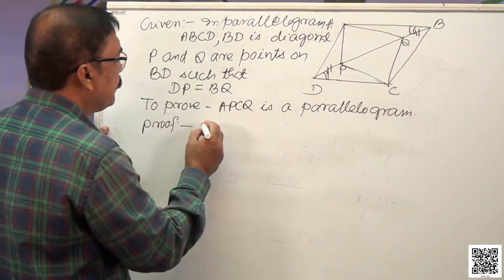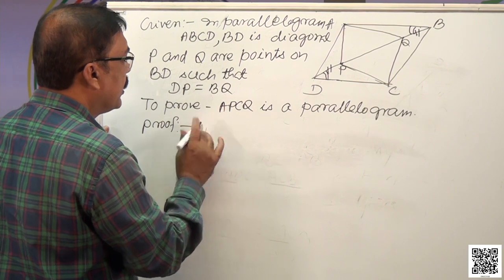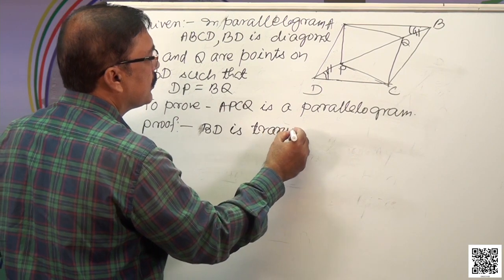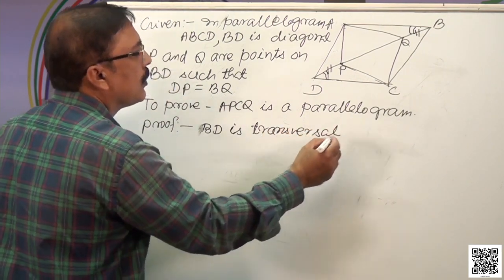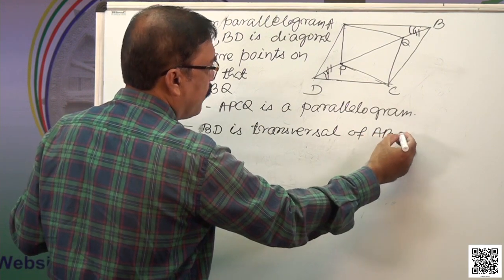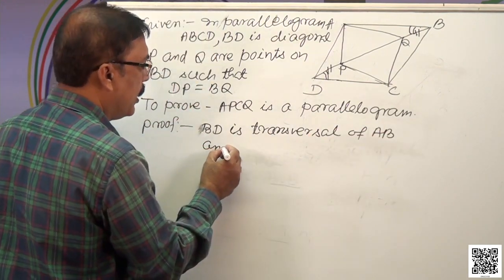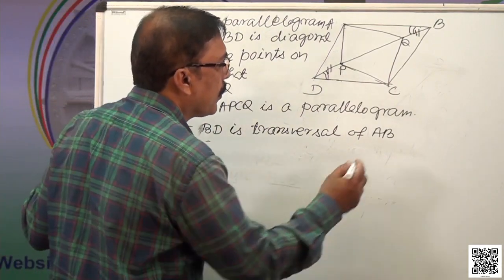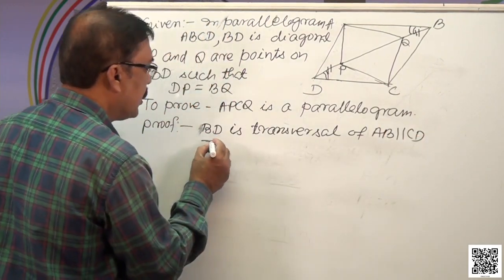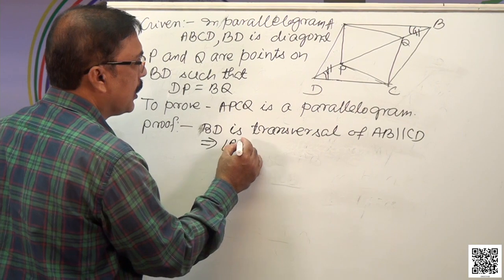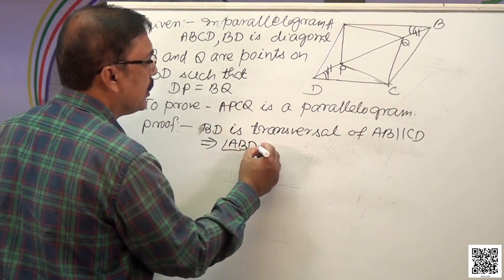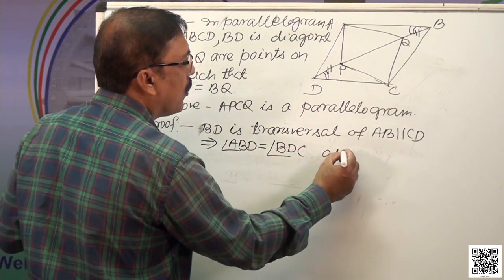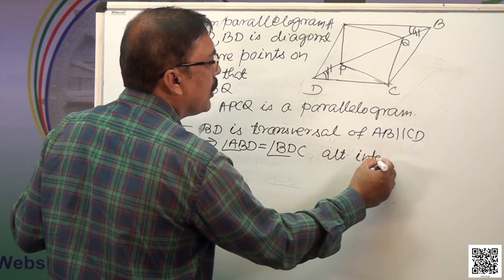So we can write BD is transversal of AB and CD, AB parallel CD we may write. This implies angle ABD is equal to angle BDC, alternate interior angle.